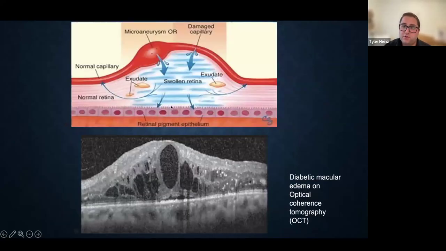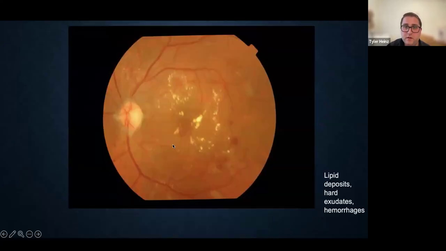So this is just another showing you of the diabetic macular edema on our OCT machine. And it's all due to that fluid swelling up in the retina, distorting the vision. So moving on, this one's just showing us a lot of lipid deposits, hard exudates.